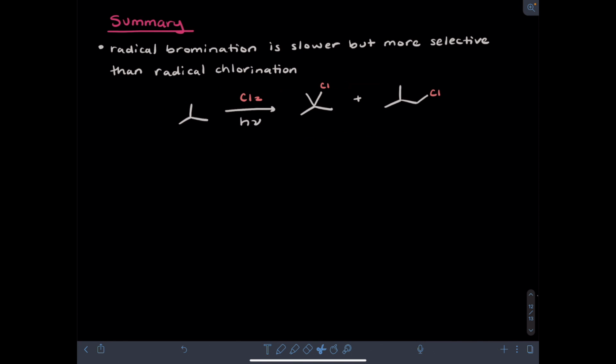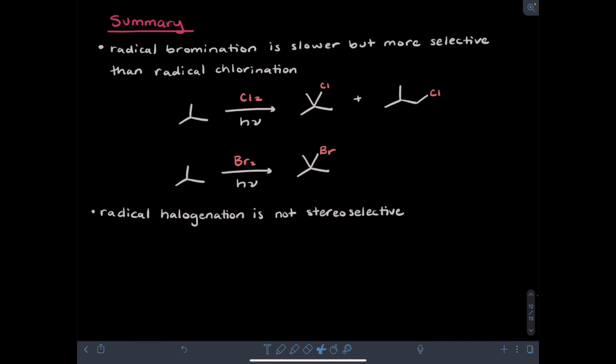So in the case of an alkane starting material where you had both primary and tertiary CH bonds present, radical chlorination gave a mixture of products, whereas treatment of the same alkane with bromine in the presence of light selectively gave the product where the bromine was added to the tertiary position, which means that a tertiary radical selectively formed in the bromination reaction. And what we observe in terms of stereochemistry is due to the fact that the radical carbon is planar, radical halogenation is not stereoselective.